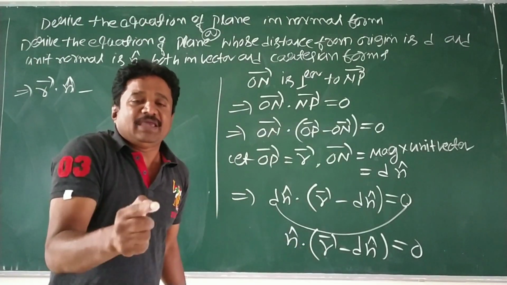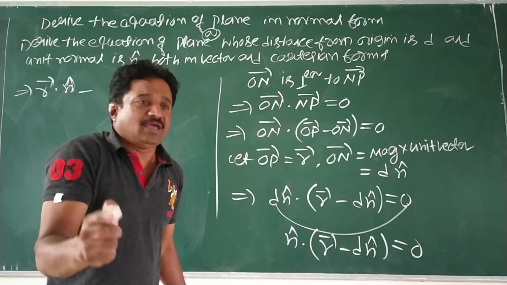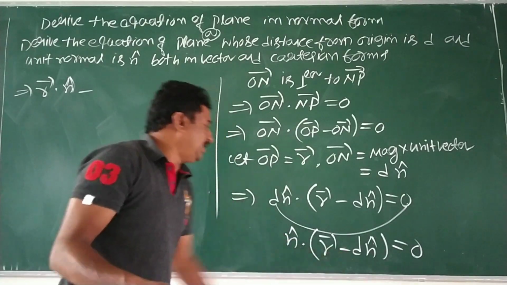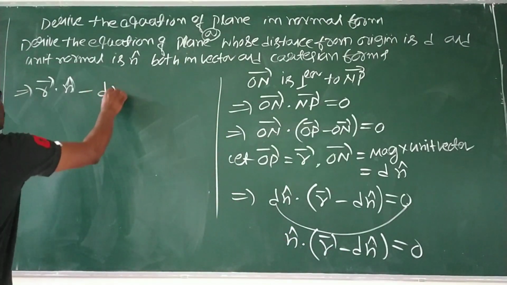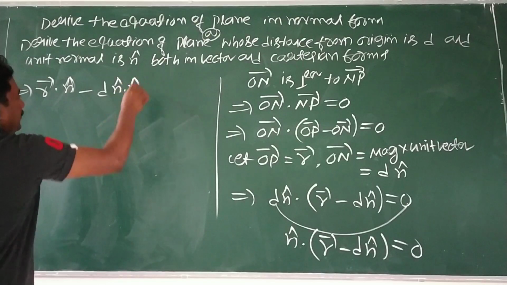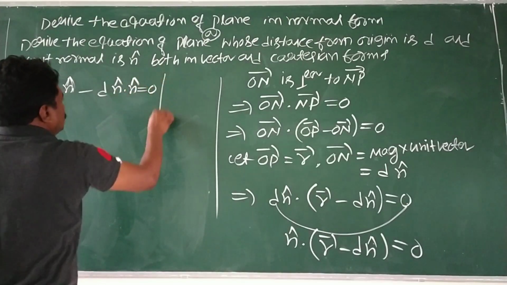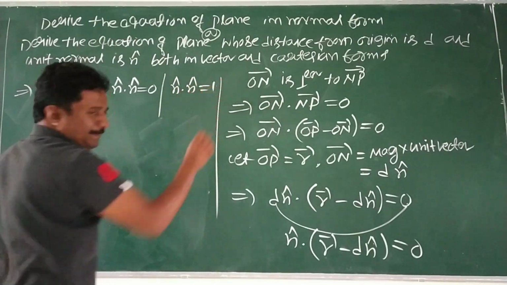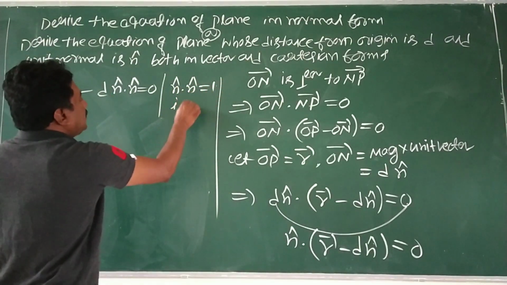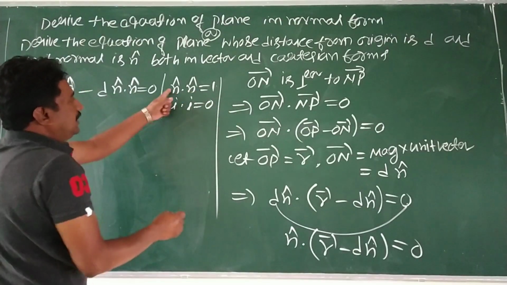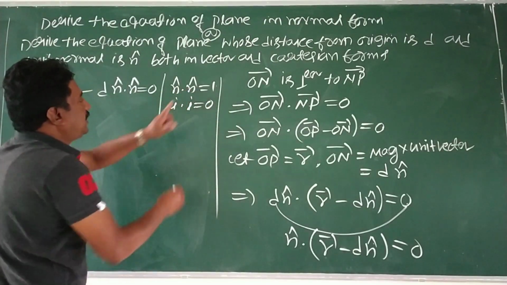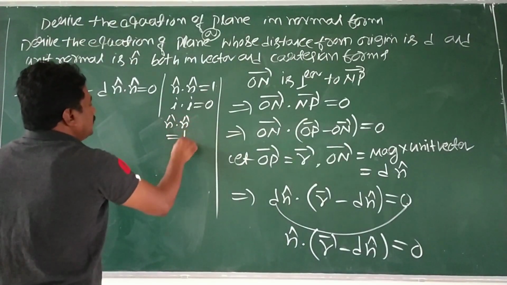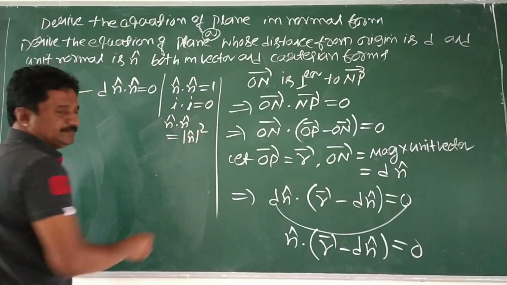A dot B is the same as B dot A, so n cap dot R is the same as R dot n cap. So R dot n cap minus D into n cap dot n cap is equal to 0. How much is n cap dot n cap? It is 1, just like i dot i. A dot A is the length of A whole squared, so n cap dot n cap is equal to the length of n cap whole squared.